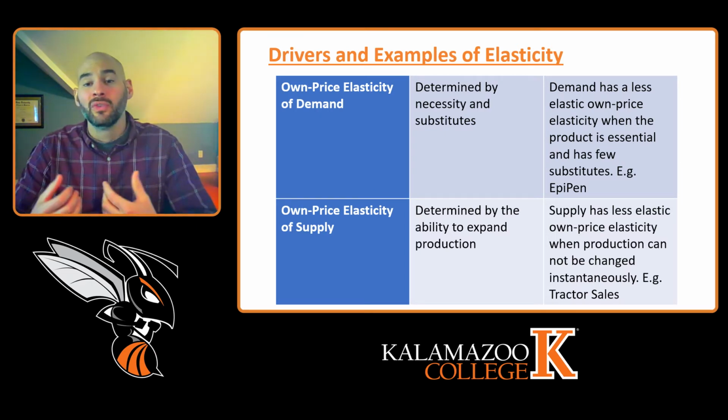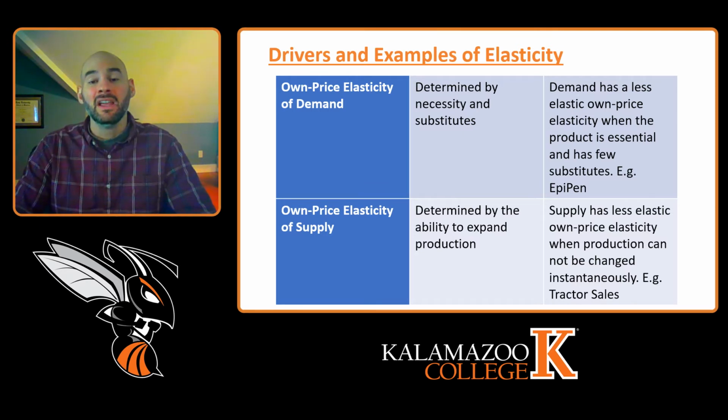So we will think that demand has a less elastic own price elasticity when that product is essential and has few substitutes. So a classic example of the past 4 years here is the EpiPen.